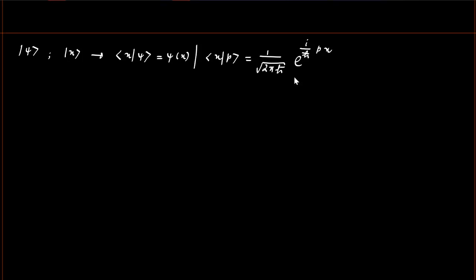Okay, then when I operate this position vector x with another position vector, let's say x prime, then what should I get? Actually, I'll get a delta function, delta of x minus x prime.